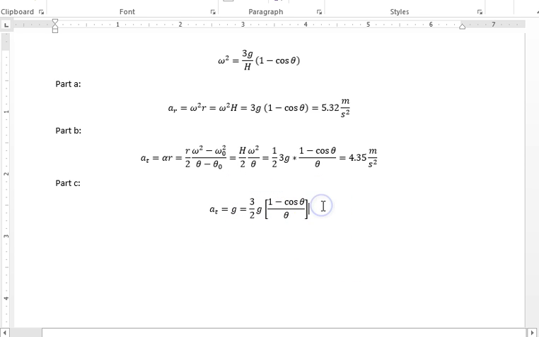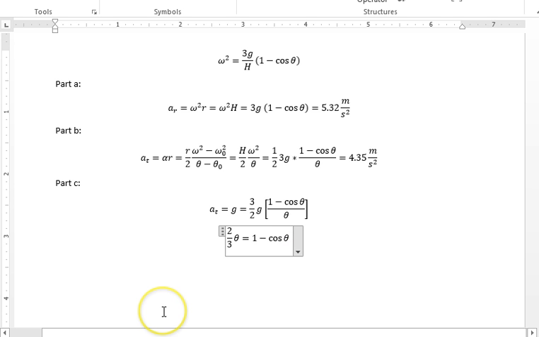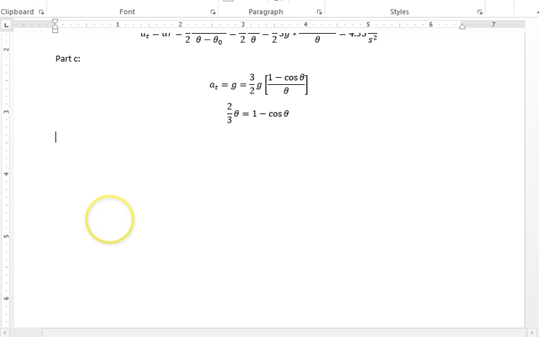And so we have 2/3 theta equals 1 minus the cosine theta. My apologies for going away for a minute there.